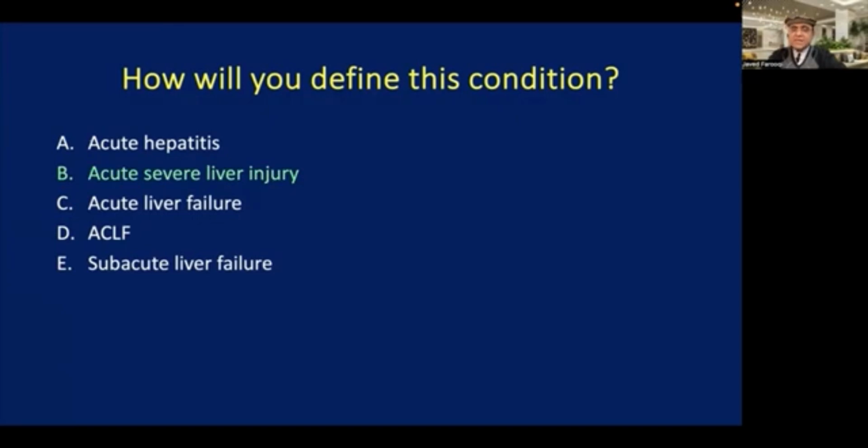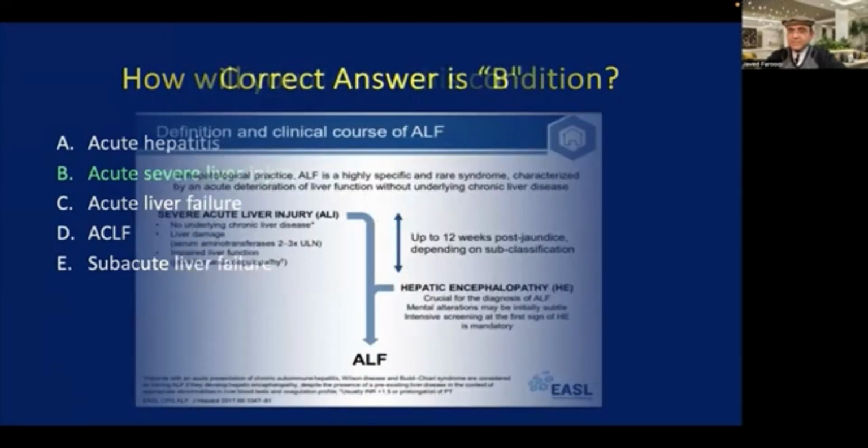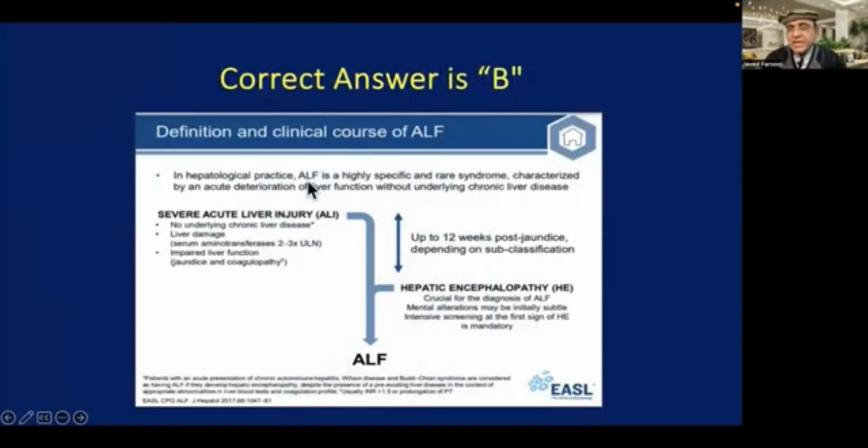The answer is acute severe liver injury. And why do I say this? This is the definition and clinical course of acute liver failure. In hepatological practice, ALF is a highly specific and rare syndrome characterized by an acute deterioration of liver function without underlying chronic liver disease, as in the case here.